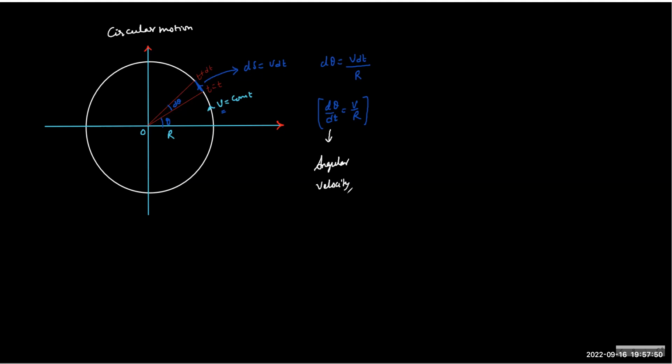We always want in physics to assign something to the rate of change of some quantity. The symbol is omega. So omega equals v by r, so v equals omega r. Now you can realize why we write v equals omega r.